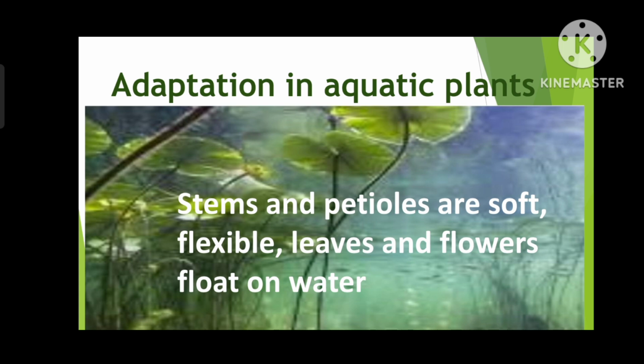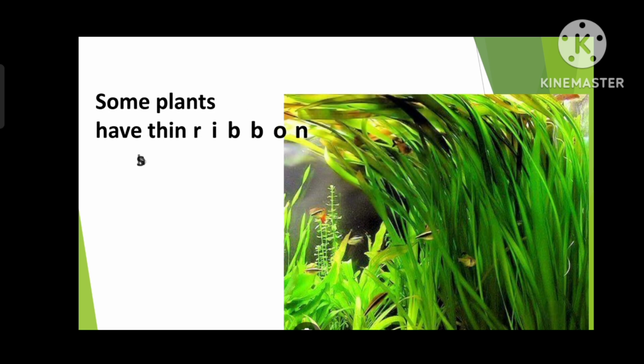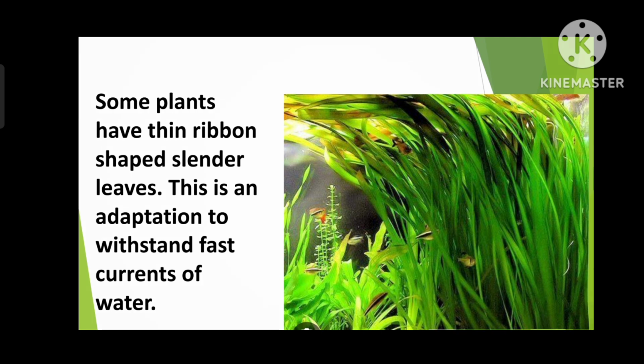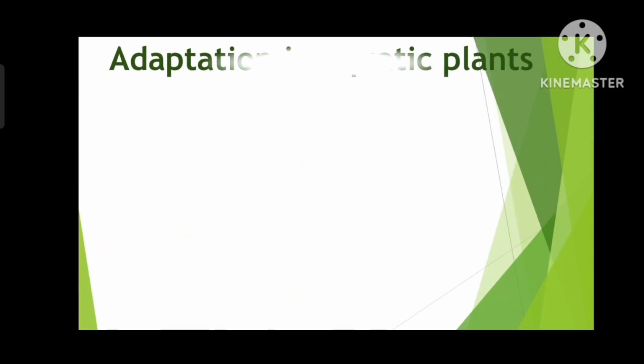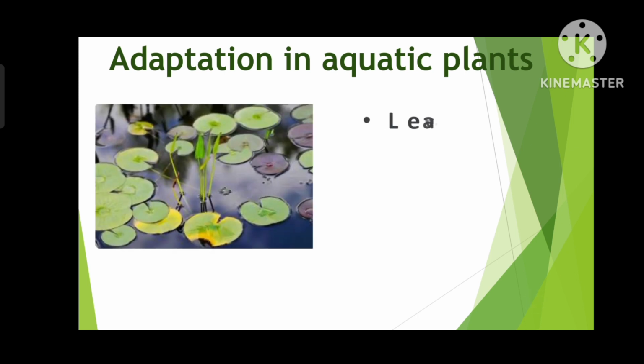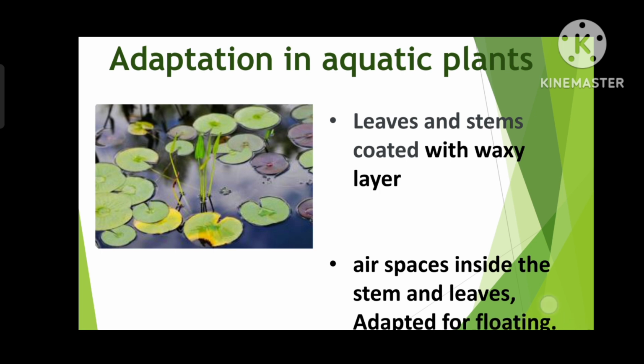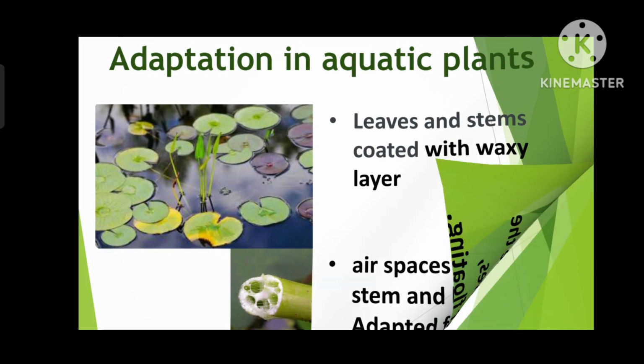Leaves and flowers float on water. Some plants have thin, ribbon-shaped, slender leaves. This is an adaptation to withstand the fast current of water. Leaves and stems are coated with a waxy layer. Air spaces inside the stem and leaves are adapted for floating.